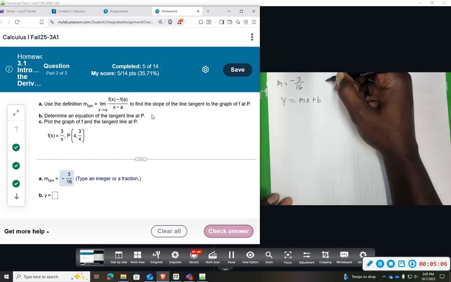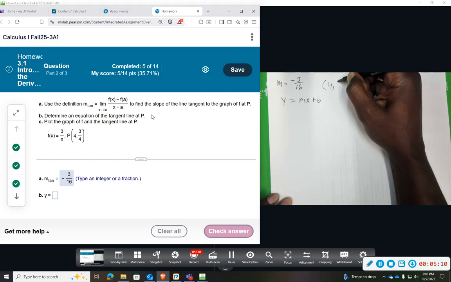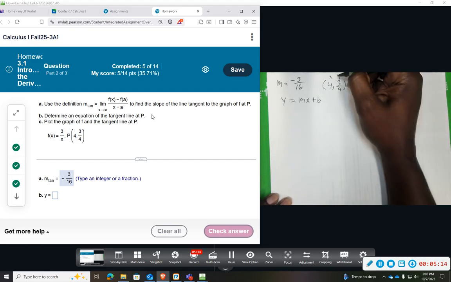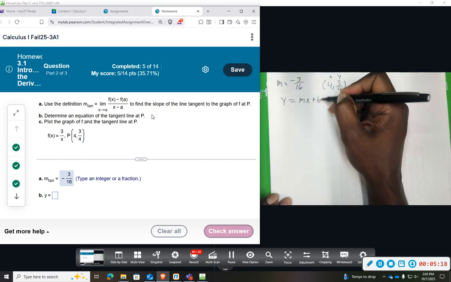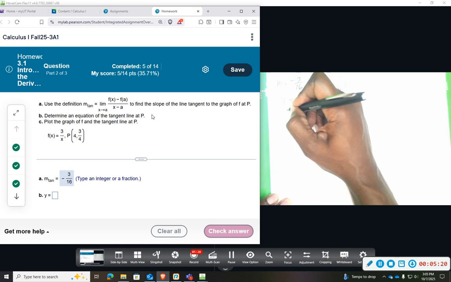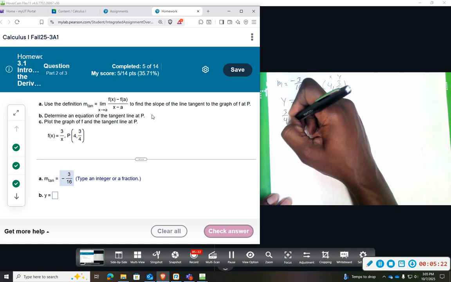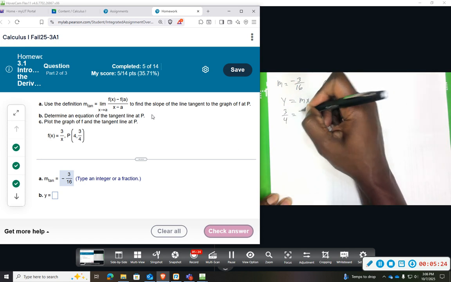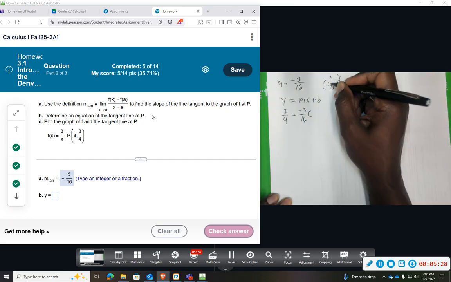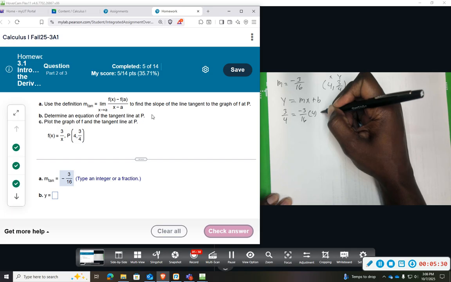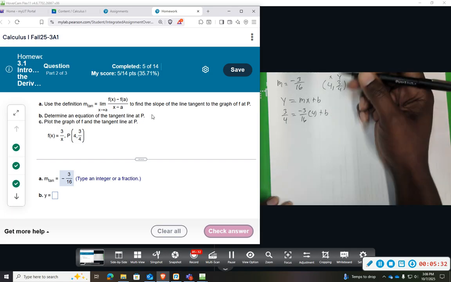We're using the point 4 and 3/4. This is our x and our y. So I'm going to plug those into slope-intercept form. I got the slope, I got an x and y. We're going to find out what b is. So 3/4 equals a negative 3/16 times our x value of 4 plus b.